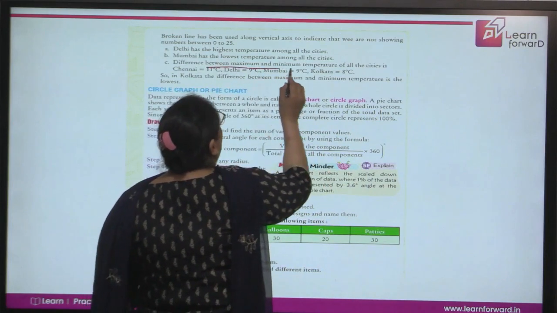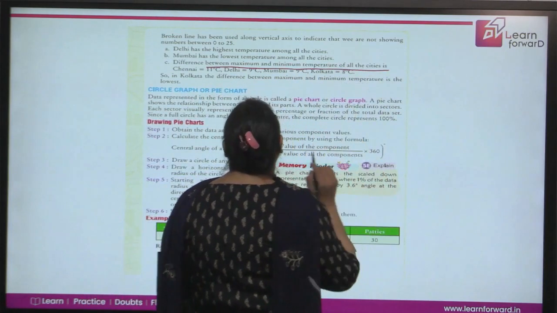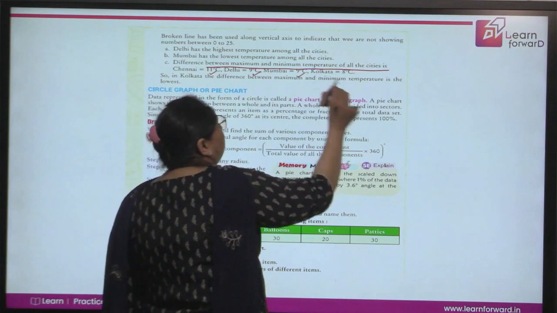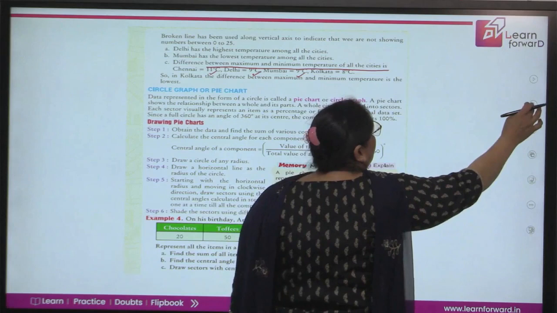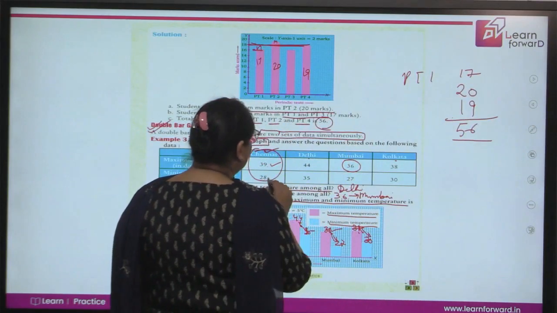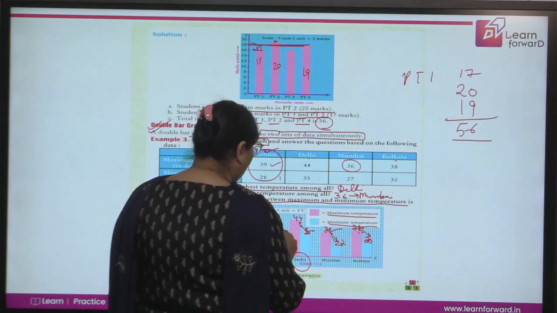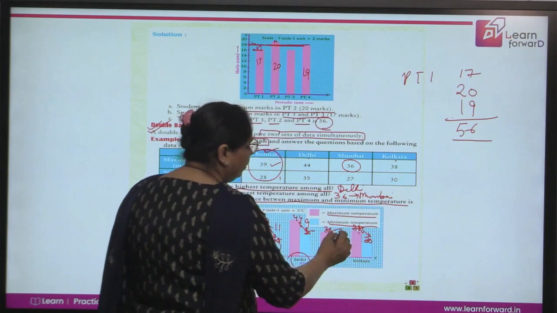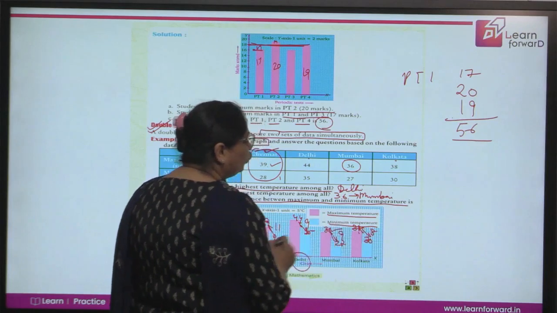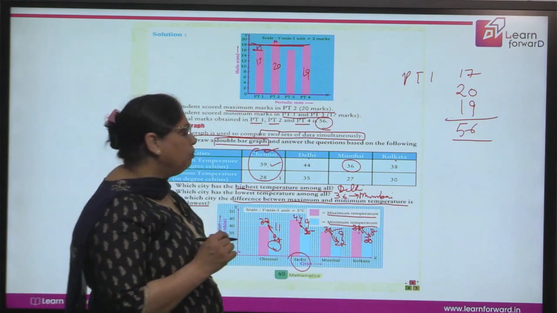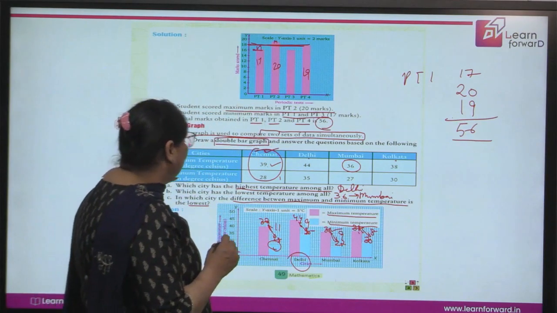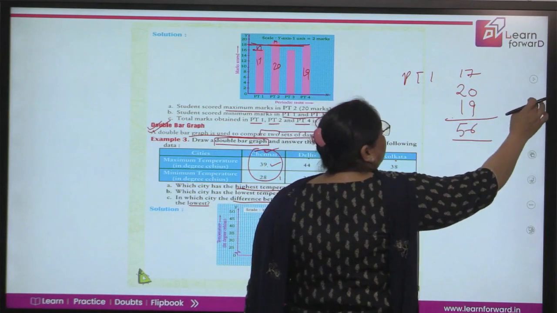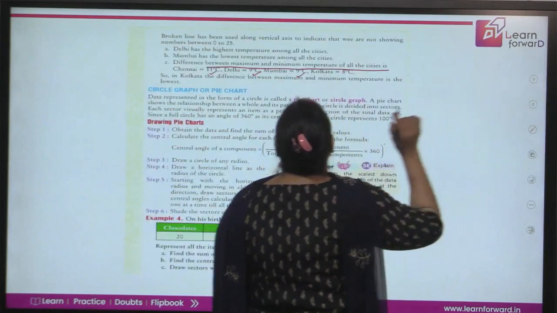The difference between maximum and minimum temperature: Chennai 11, Delhi 9, Mumbai 9, and Kolkata 8. So you can see the difference is lowest in Kolkata.